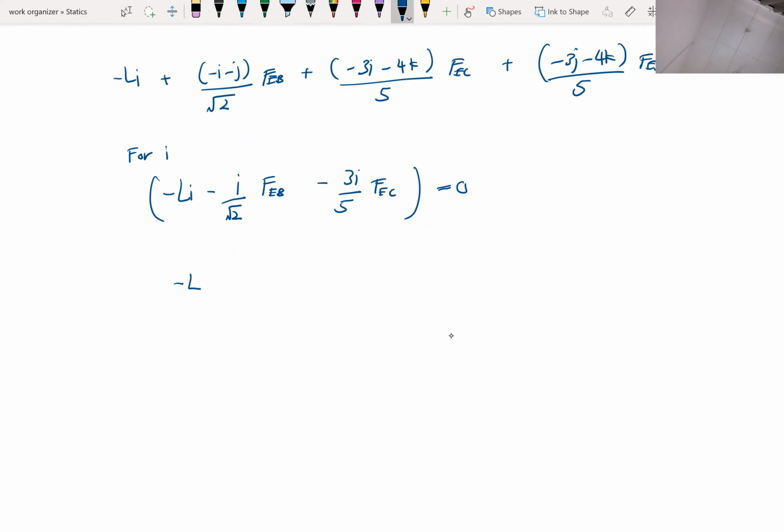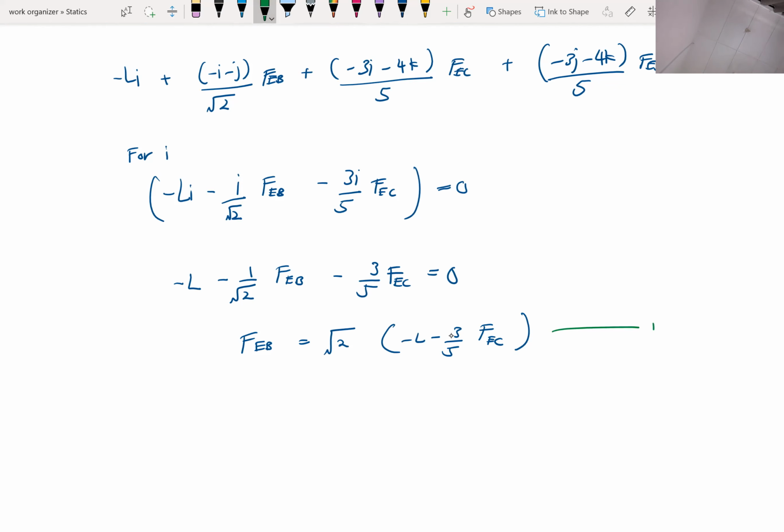So we have negative L minus 1 over square root 2 FEB minus 3 over 5 FEC equal to 0. Now we have FEB equal to square root 2 times negative L minus 3 over 5 FEC. We say this is equation 1.